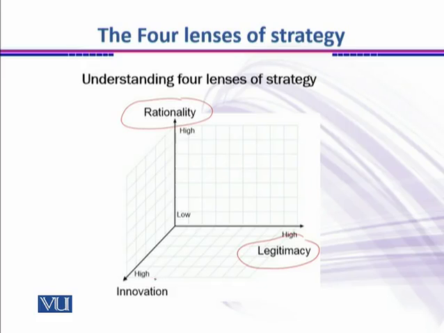And the third one is innovation. Innovation will tell us how each of the four lenses uses innovation and creativity. So each school will be mapped on these three axes, and we will understand them on the basis of rationality, legitimacy, and innovation.